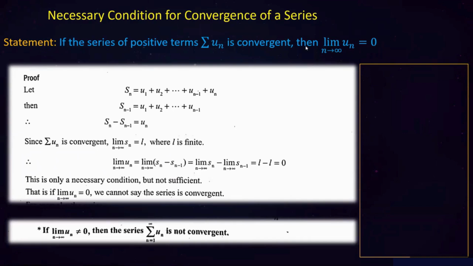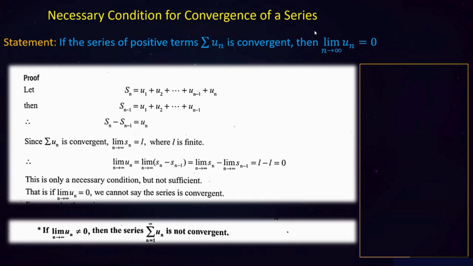When you are given a series of positive terms which is already convergent, then certainly for the nth term, if you calculate the limit, it will definitely be equal to 0, right?